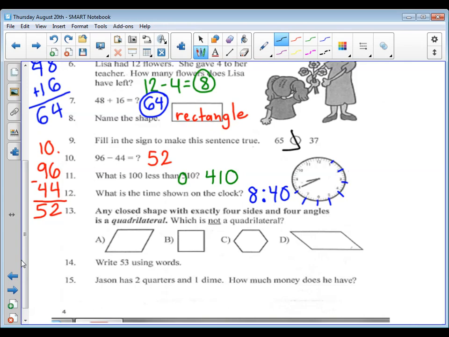Let's look. A has 4 sides. B has 4 sides. C has 6 sides. Is that a quadrilateral? Let's look at D. D has 4 sides as well. C is the one that is not a quadrilateral.